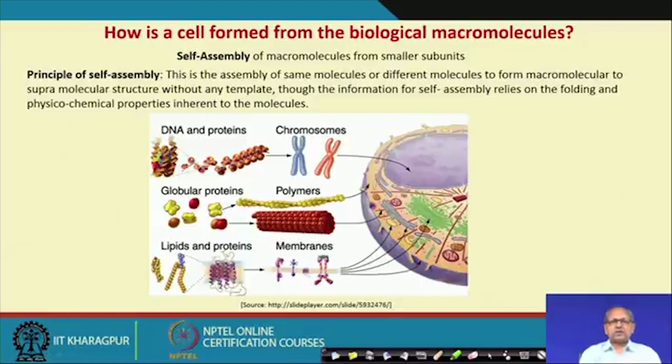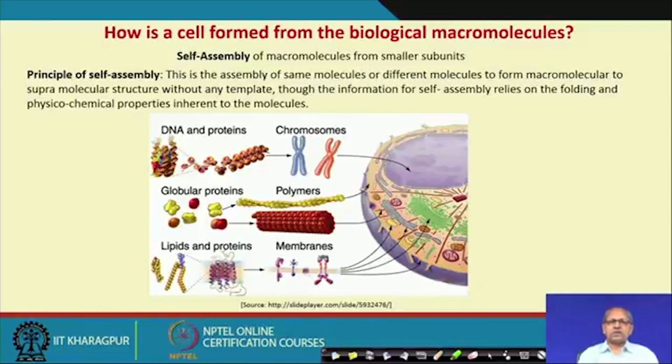So, these are the macromolecules. Now, how are these macromolecules arranged to make the organelles of the living system? They are arranged by self assembly. So, what is self assembly? It is a non-template driven process, but the information is present in the molecule itself, when the molecules come together by diffusion.